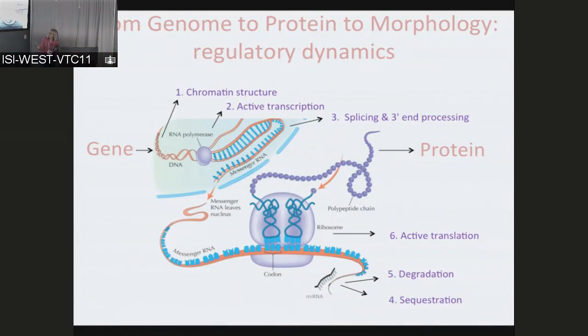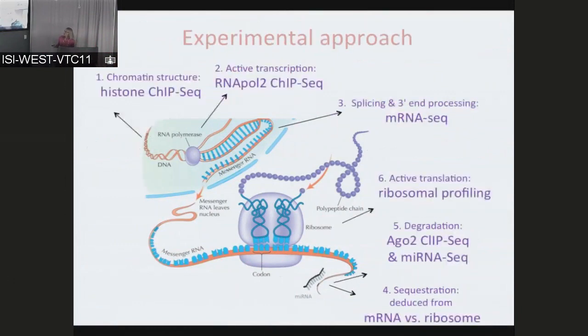And so our contention is that it's really very important to understand not only the steady state levels of the transcriptome, which is measured in most RNA-seq experiments, but also all the dynamic regulation of those mRNAs that takes it to making the proteins themselves. And so our project is to do a whole series of different measurements to follow that RNA dynamics.